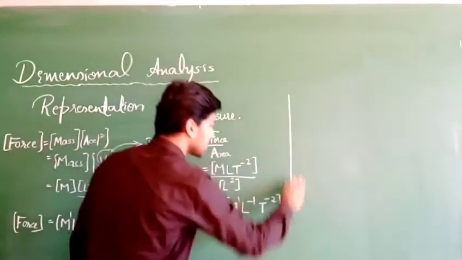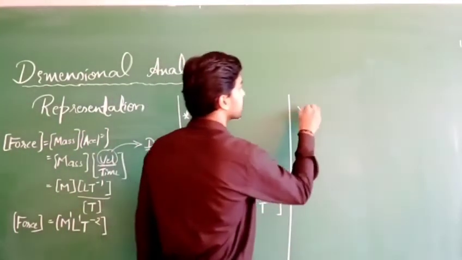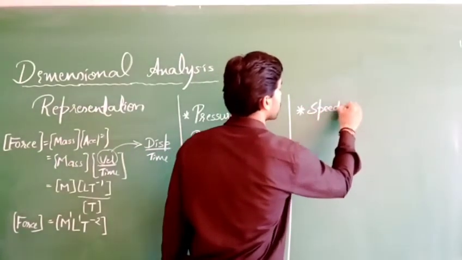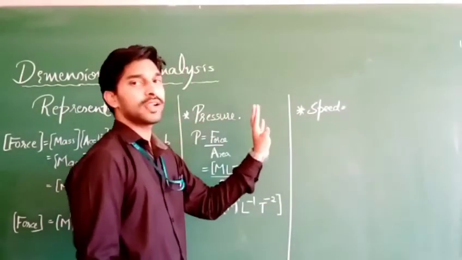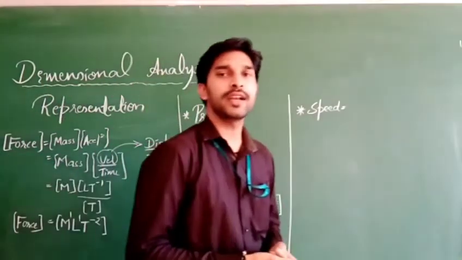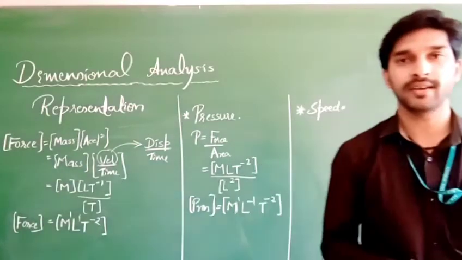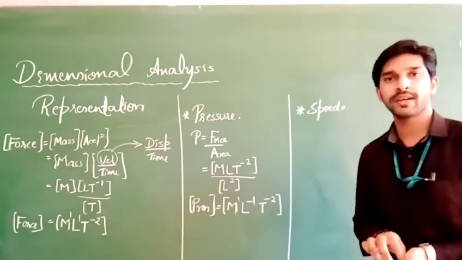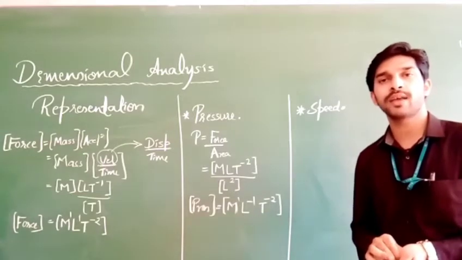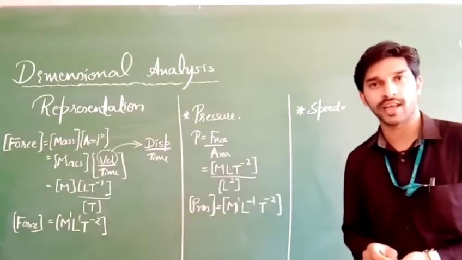Let us go for the next example, that is speed. We are going to calculate the dimensional formula for speed. In basic words you had studied in kinematics, what do you mean by speed? It is distance covered by the body in unit time.